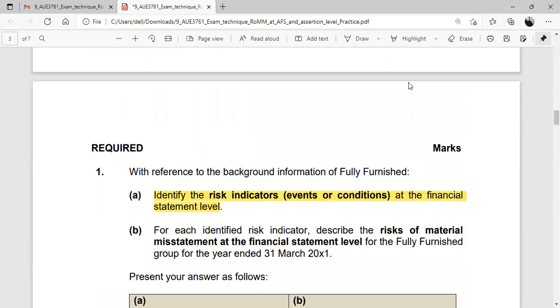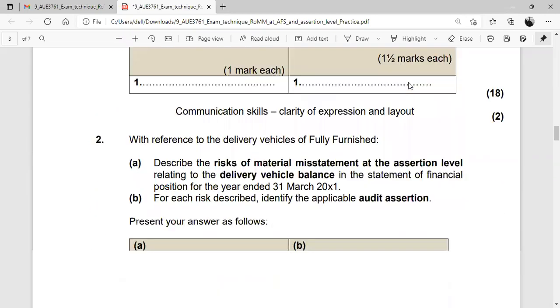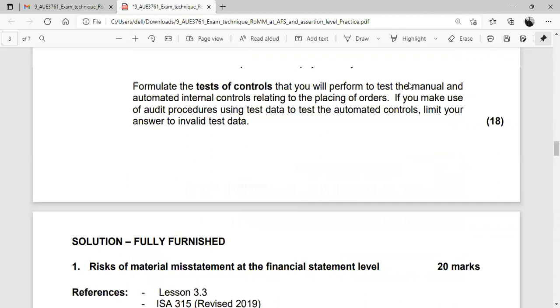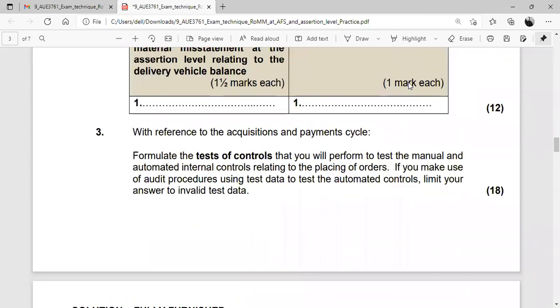Cool. So the third question, which is also the last, says: with reference to the acquisitions and payment cycle. Like I always tell you guys, you will not always be told which cycle you're dealing with.